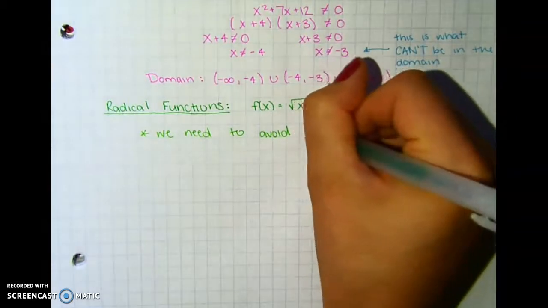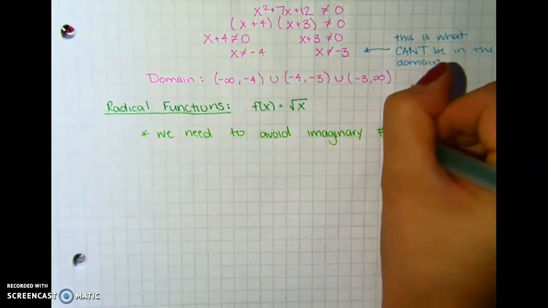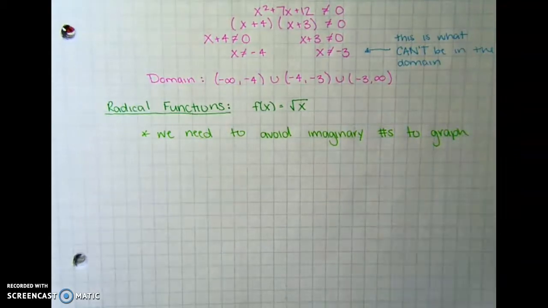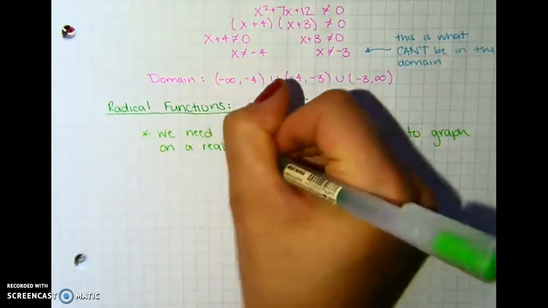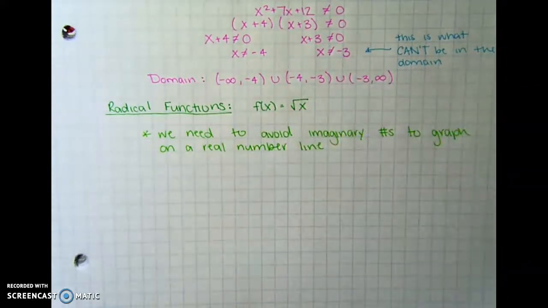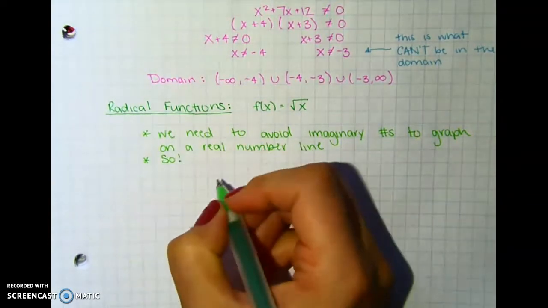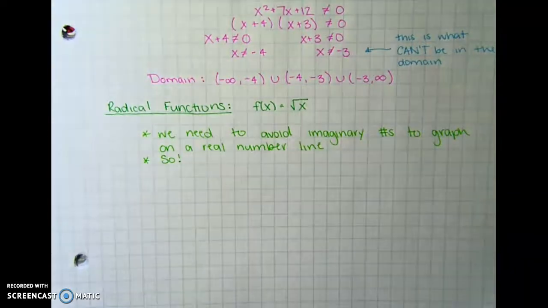So to do that, we know that this has to be bigger than or equal to 0 because the square root of 0 is 0 and square root of 1 is 1, and we can keep going, and they're real numbers.